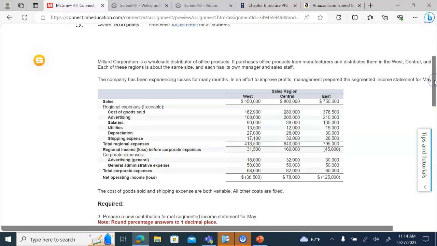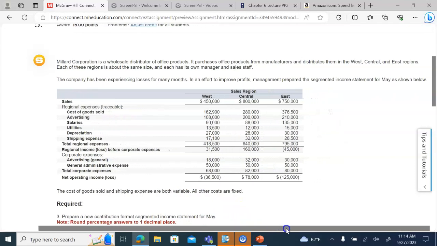Millard Company is a wholesale distributor of office products. It purchases office products from manufacturers and distributes them in the West, Central, and East divisions. Each of these regions is about the same size, and each has its own manager and sales staff. The company's been experiencing losses for many months.